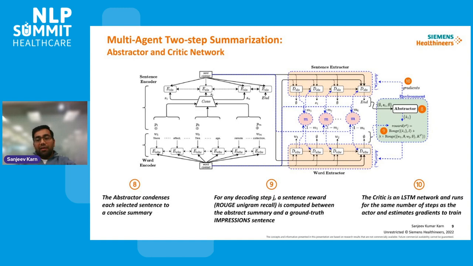So now with these rewards at each step, we compute a discounted reward and then do a policy gradient over the multi-agent setup, here the sentence extractor and word extractor. We use actor critic, and that helps reduce the variance, like in traditional single-agent actor critic. Here, during our centralized learning, the critic is aware that only one of the extractors is active at each step, meaning one of the extractors is paused and the other is selecting.